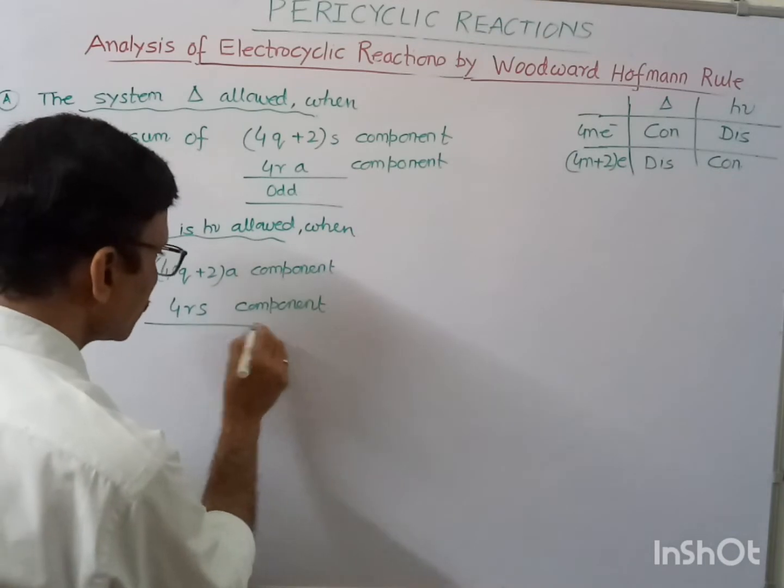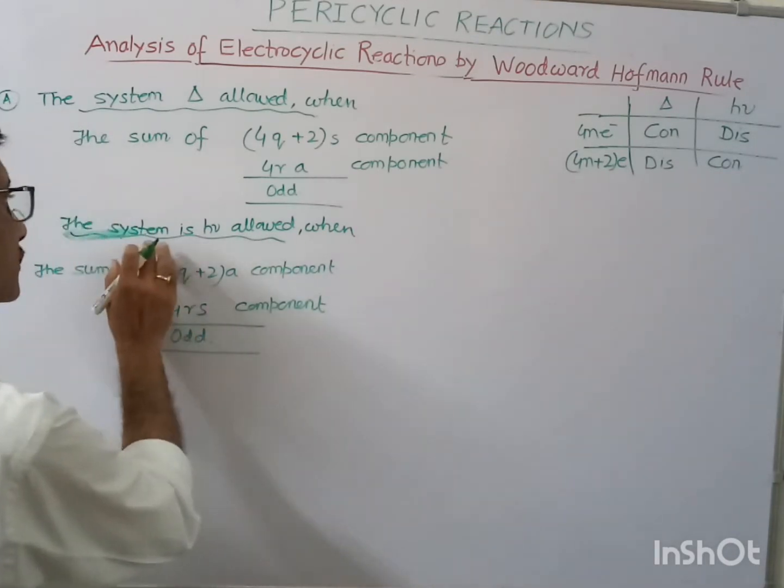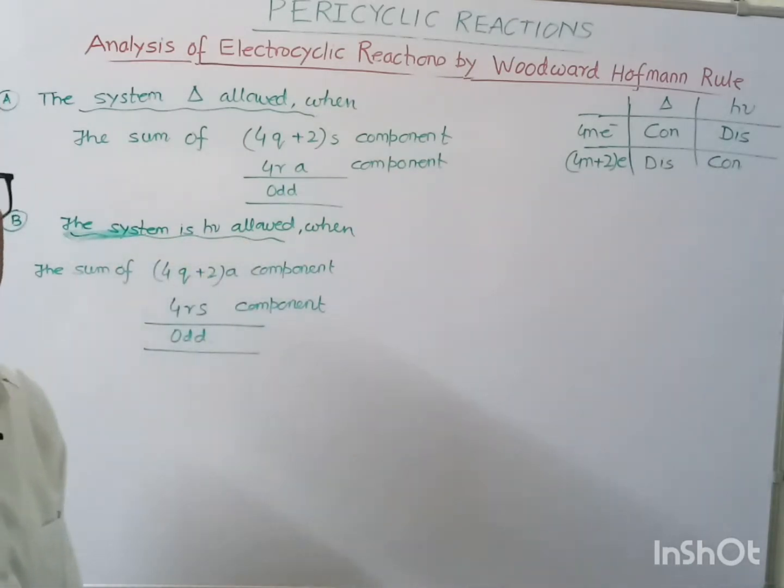So if the sum of these two components is coming out to be odd, then our system is photochemically allowed.